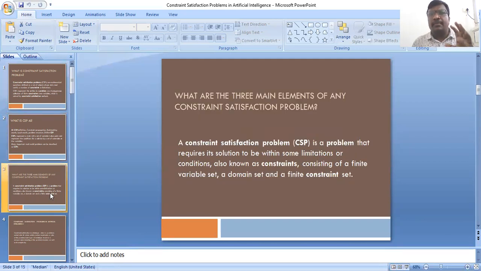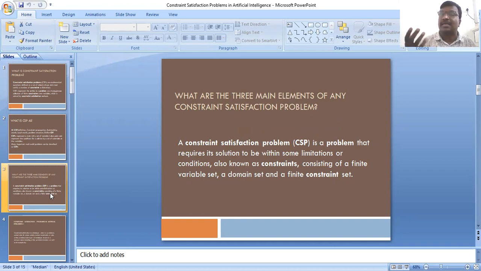What are the three main elements of any constraint satisfaction problem? A constraint satisfaction problem is a problem that requires a solution with some limitations or conditions.